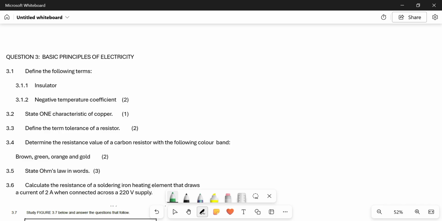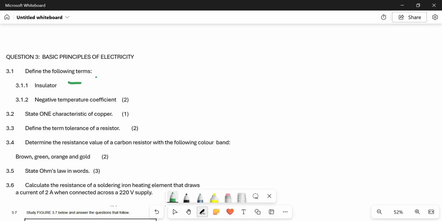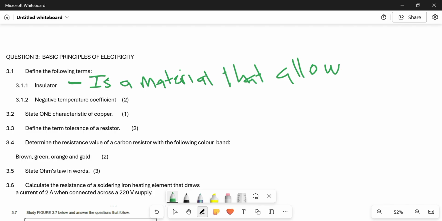An insulator, remember, at the start of the video I said an insulator is a material that does not allow current to flow through it.